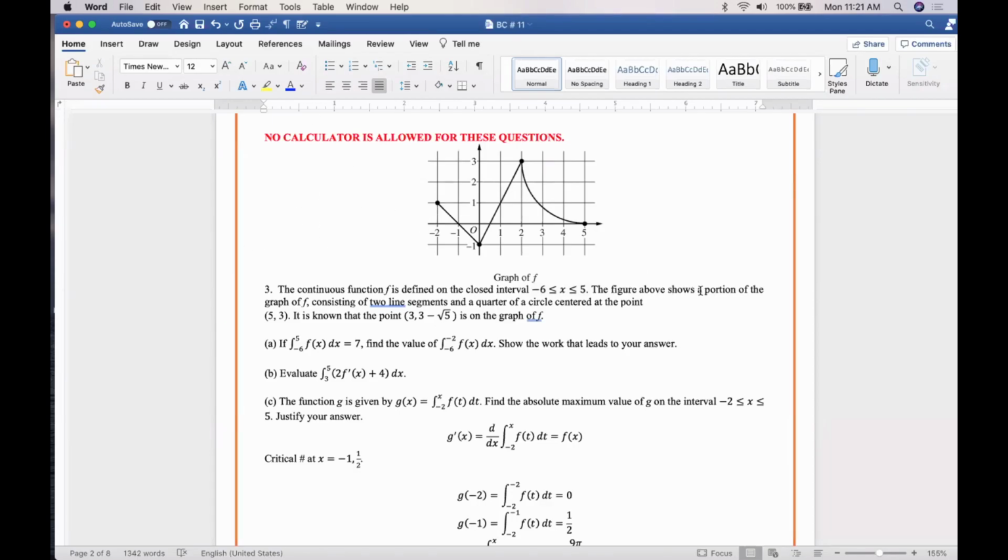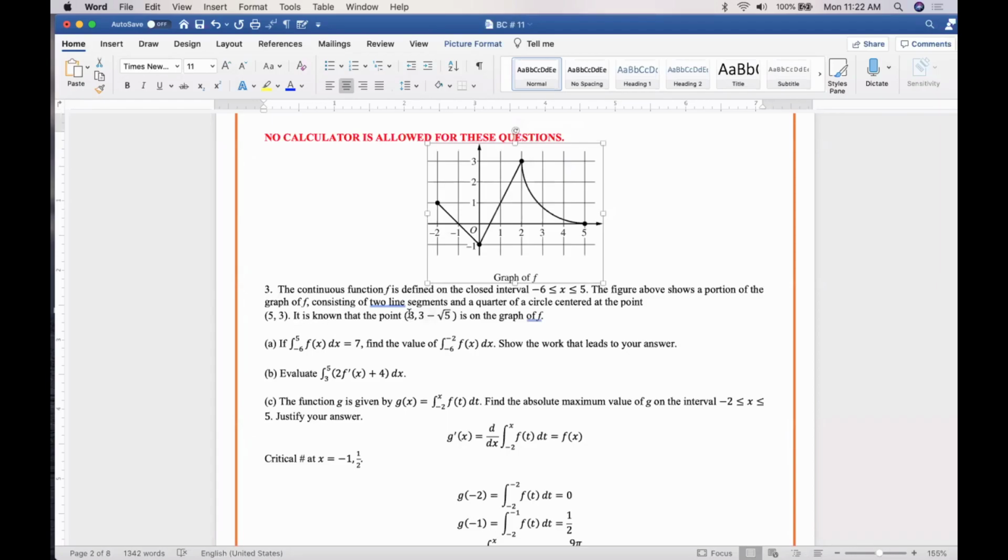The figure above shows a portion of that function. f consists of 2 line segments and a quarter of a circle, right here, with a center (5, 3).